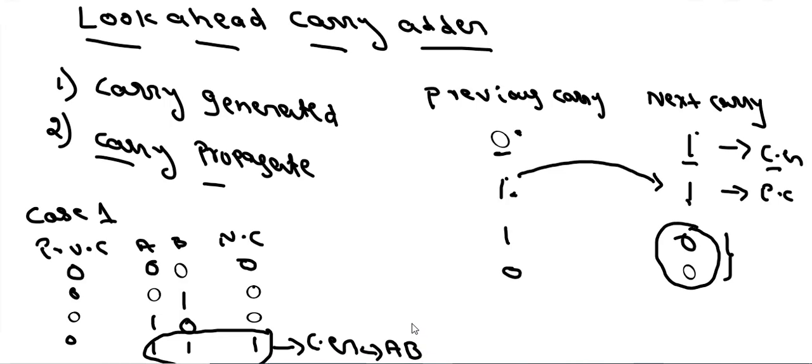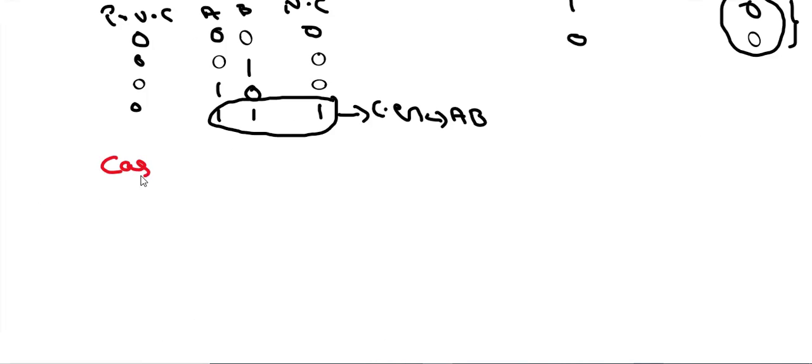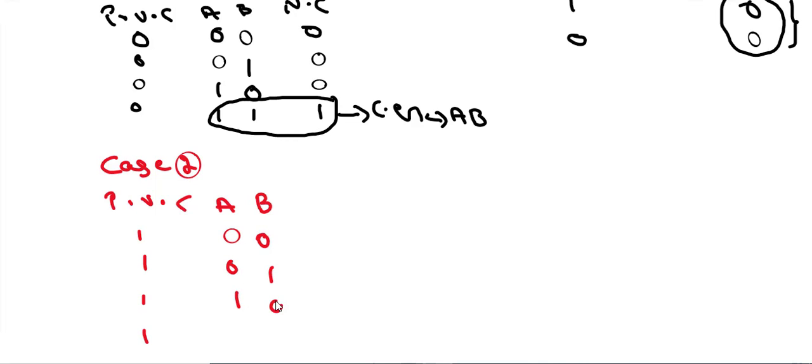In a similar way we can go for the second case. In case 2 the previous carry becomes 1, and we take all four conditions of a b: 0 0, 0 1, 1 0 and 1 1. Wherever the next carry is 1, we have to check.